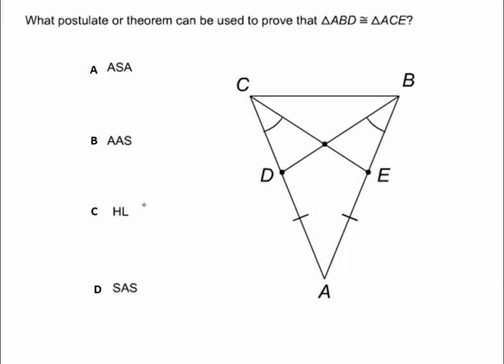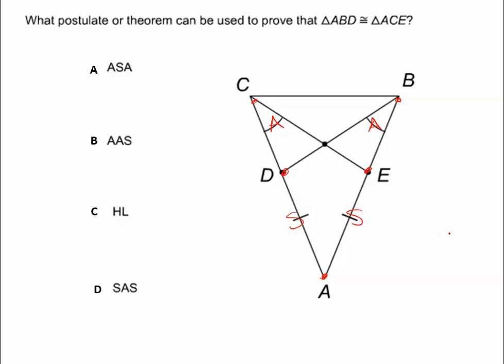Alright, what postulate or theorem can be used to prove that triangle ABD is congruent to ACE? I've got to look at this. ABD is congruent to ACE. Alright, I see where my triangles are now. Okay, well they both have this angle. They both have this side.